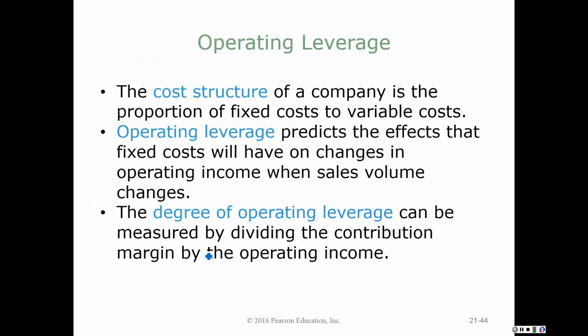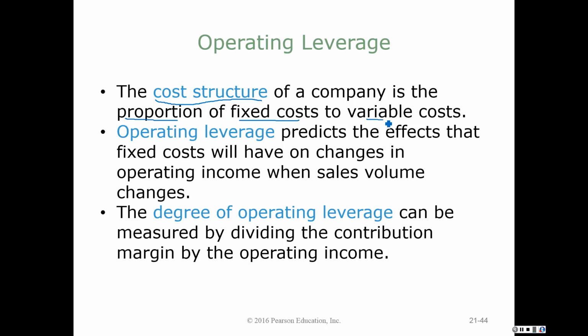Operating leverage is the second tool that we have, and operating leverage is how we analyze our cost structure in our organization. Our cost structure revolves around, as the book says, a proportion of fixed cost to variable cost.